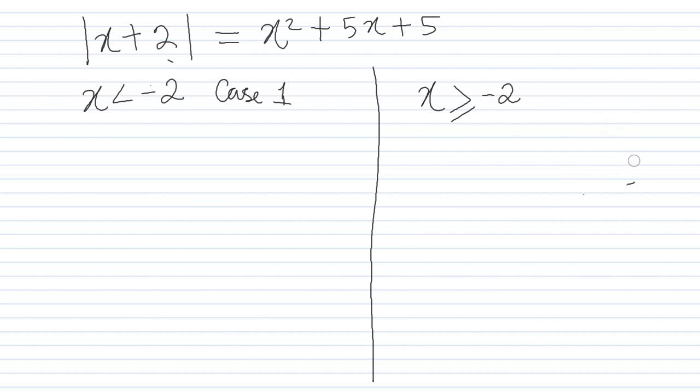So I'm just giving you a check reference up front, but you have two cases. The first case is putting in a value of x so that everything in the absolute value gives you a negative number. And the second case is putting in a value of x where whatever is enclosed in the absolute value gives you a positive number, because these are the two cases that can happen.